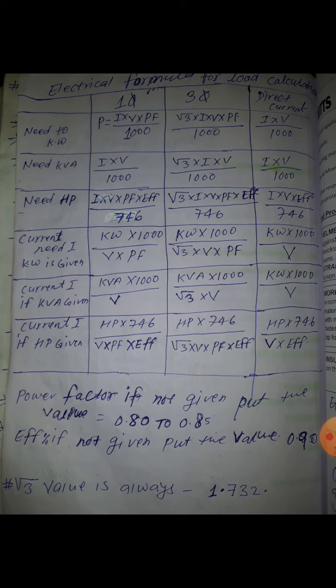One thing I repeat, because everyone is confused: if any motor does not give the power factor and efficiency value, you can directly use 0.80 for power factor and 0.90 for efficiency.